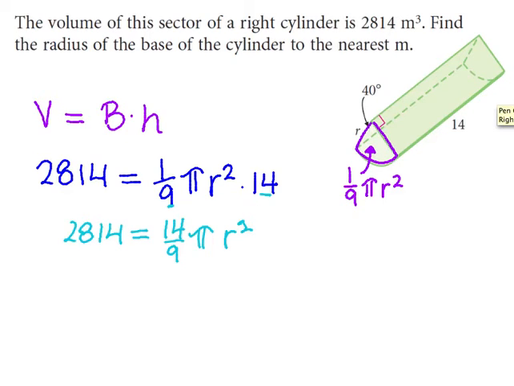Now to solve this, I'm going to multiply both sides by 9/14. What is 2,814 times 9/14? 1,809. So 1,809 equals pi r squared. What do you do now? Divide by pi.